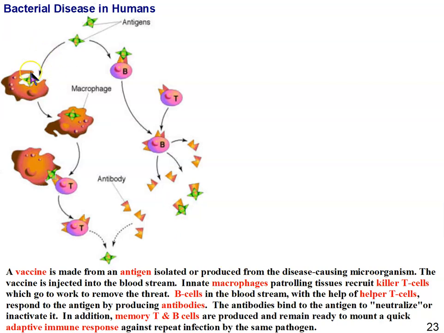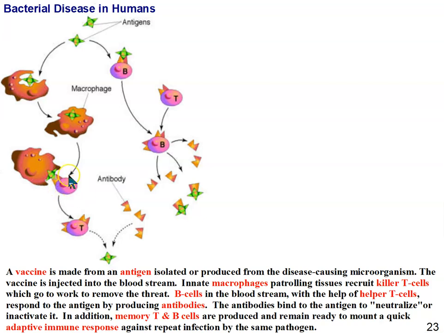As shown here in the diagram, the macrophages engulf the antigen by phagocytosis, if you'll recall that from our last unit. It's a form of endocytosis. And the macrophage then will present the antigen to T cells, and these can be either killer T cells or helper T cells.